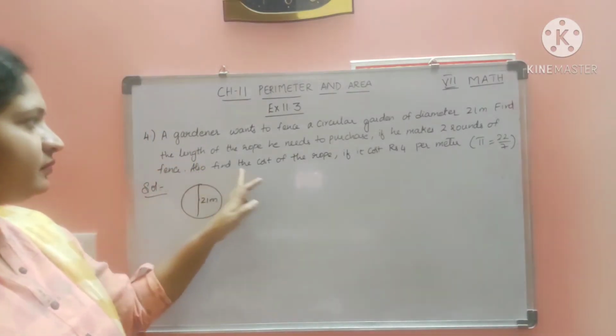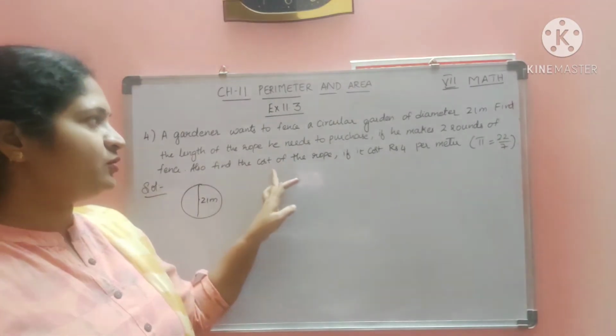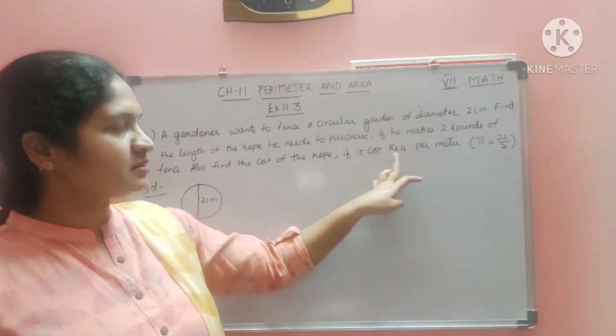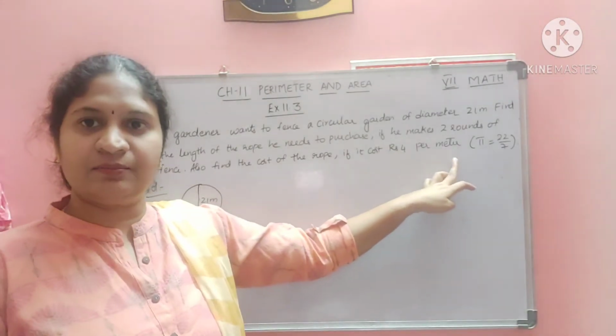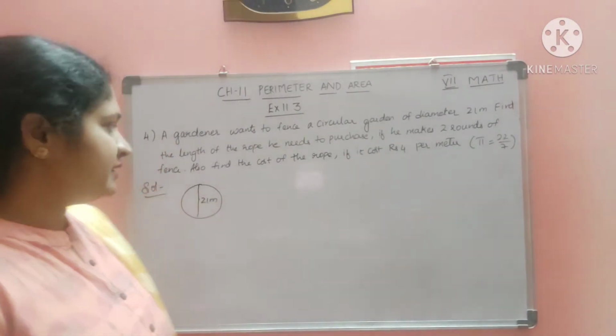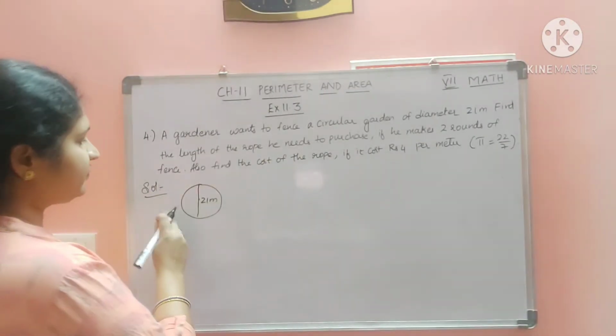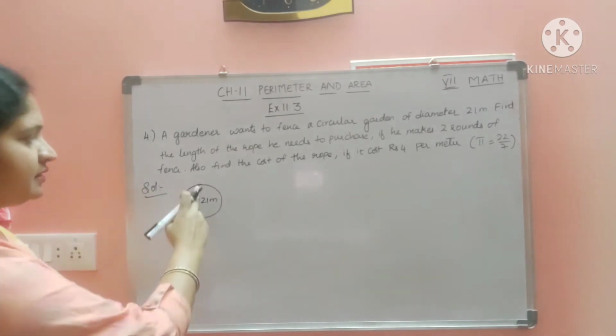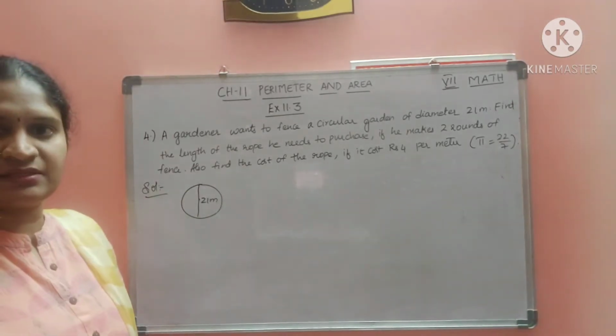And then they have given the cost. They are asking you to find out the cost of the rope if the cost is rupees 4 per meter. Okay. Let us start doing this solution. So I am taking a circular garden whose diameter is 21 meters.